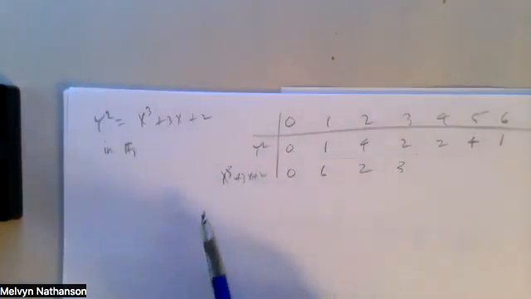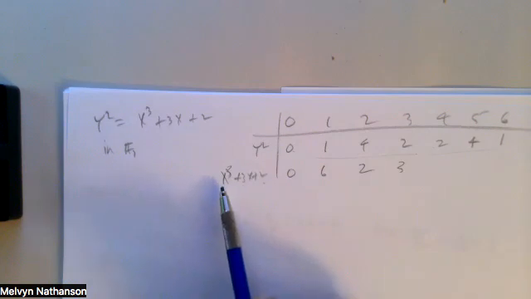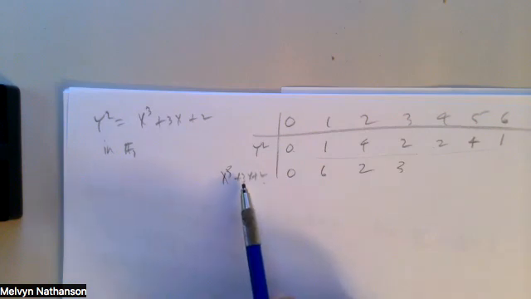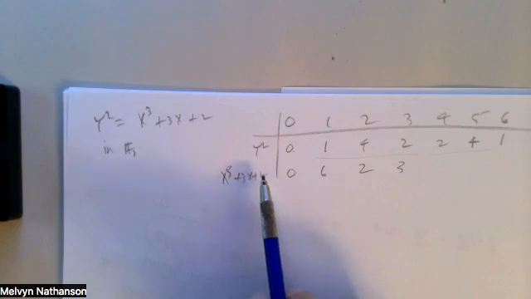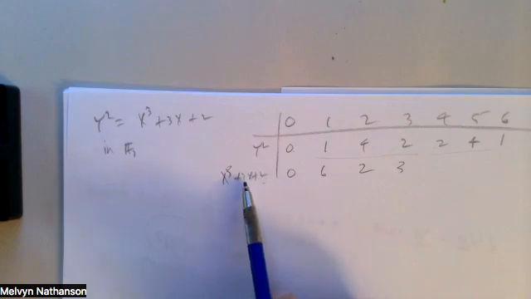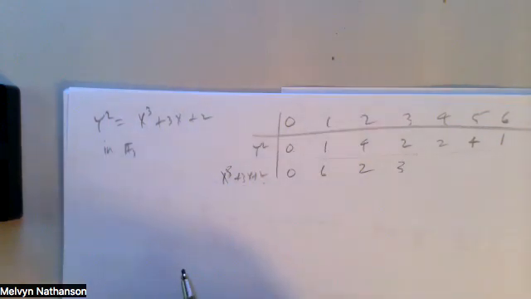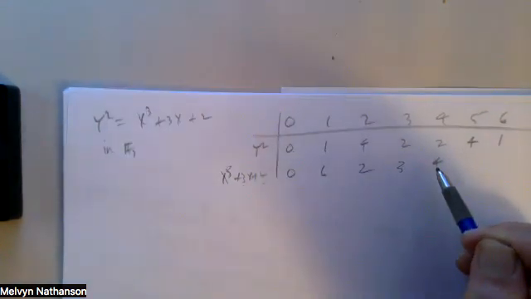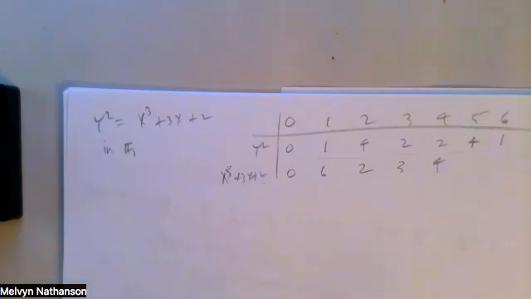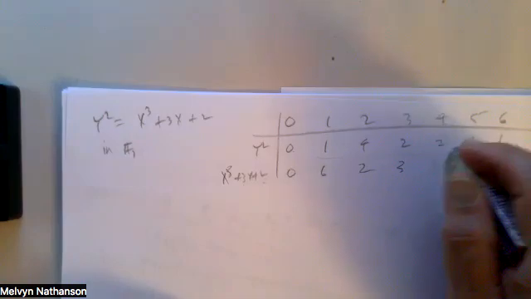What about x equals 4? 4 cubed is 64, plus 12, plus 2. 64 plus 14 is 78. Mod 7, 78 is 1. You should check my arithmetic as I'm doing this, because I'm just doing it in my head.